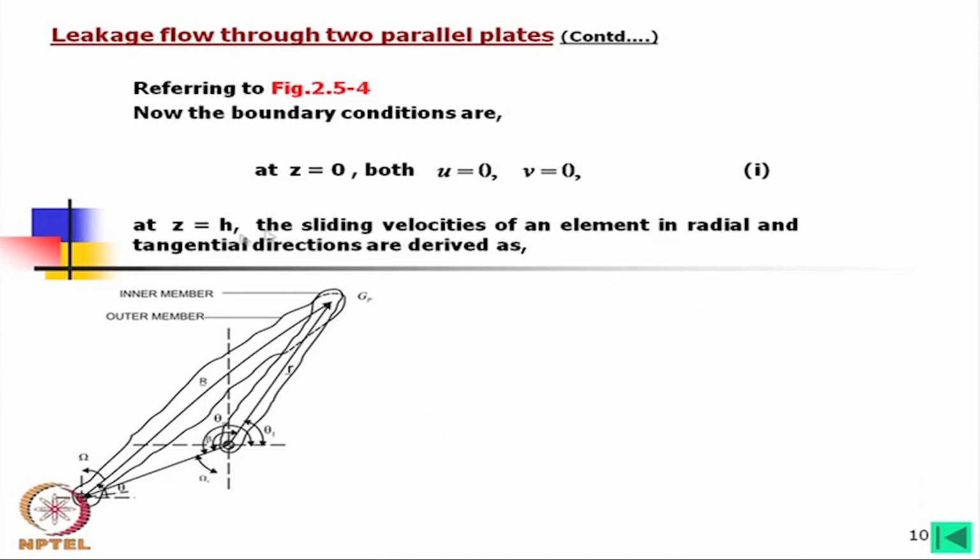Now, at z is equal to h, the sliding velocities of an element in the radial and tangential directions are derived as follows.